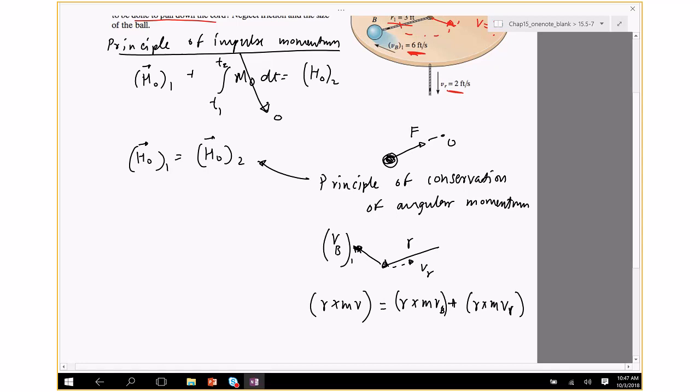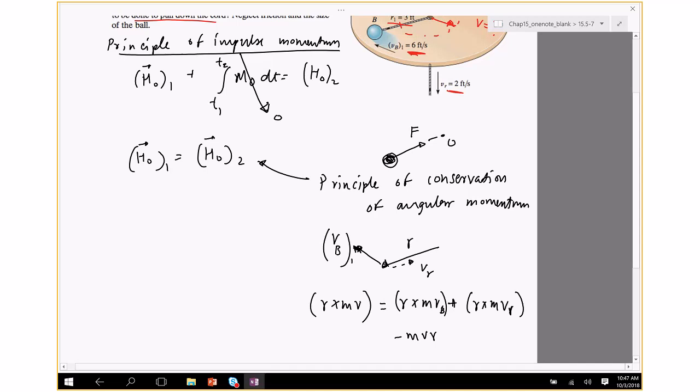Now VB is that way and R is this way. So when I do R cross VB, my thumb will point that direction, so it's going to be negative, assuming upward is positive. So this is negative MVR.